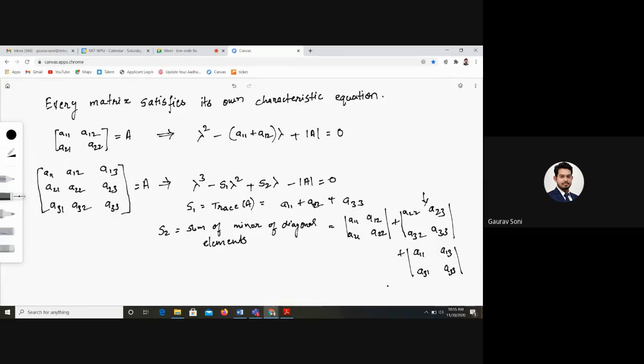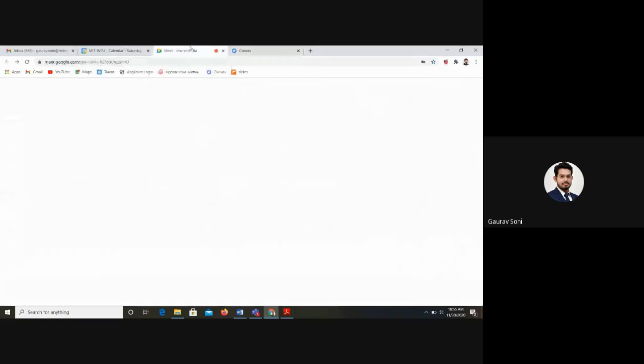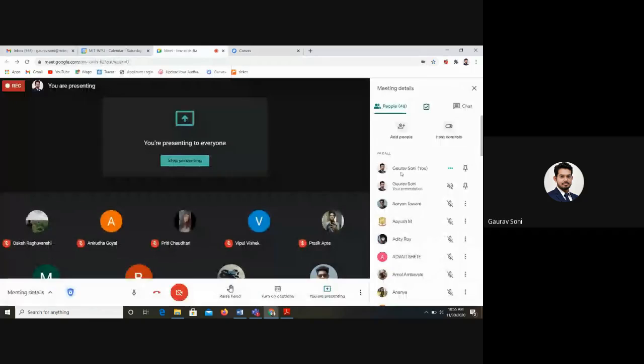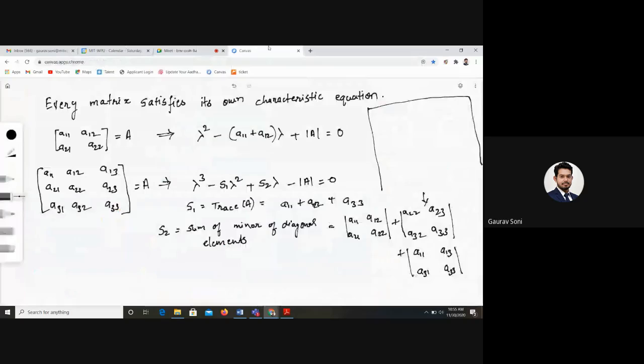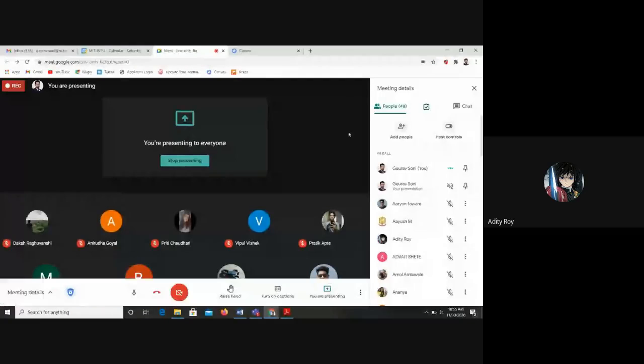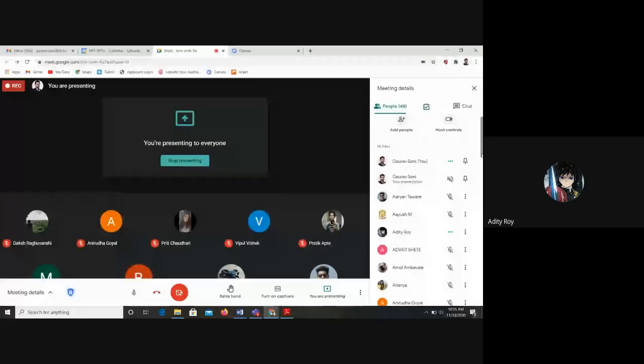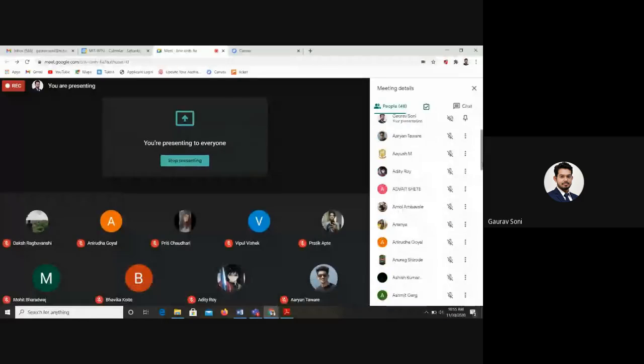How do we get this equation? This equation we get by solving. If we have any arbitrary matrix A, how will we get the characteristic equation? Anyone? Determinant of A minus lambda I is equal to 0.